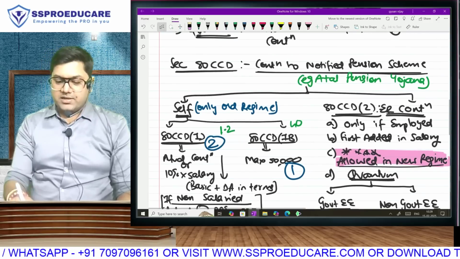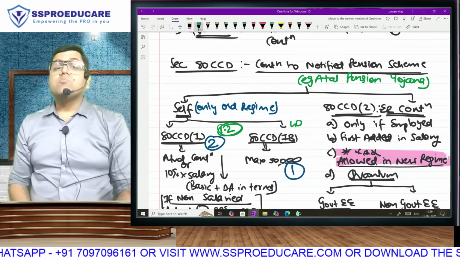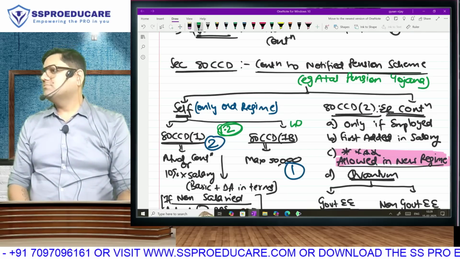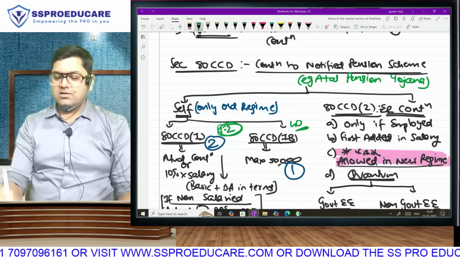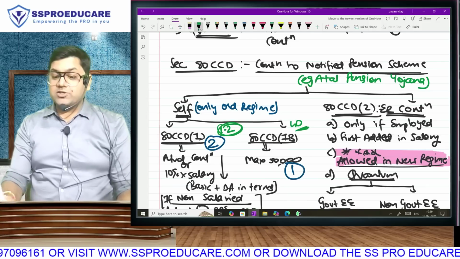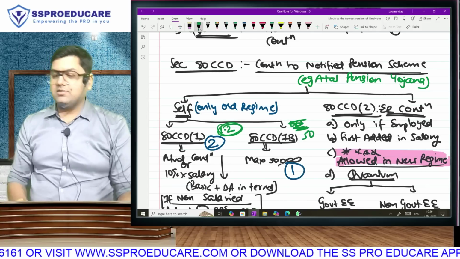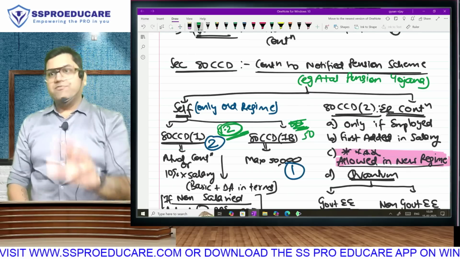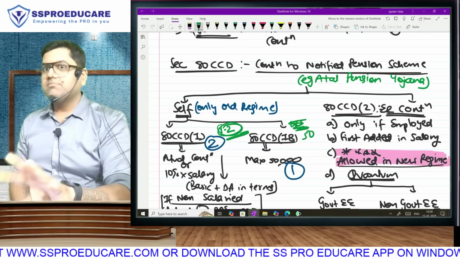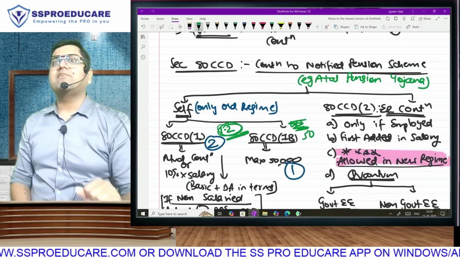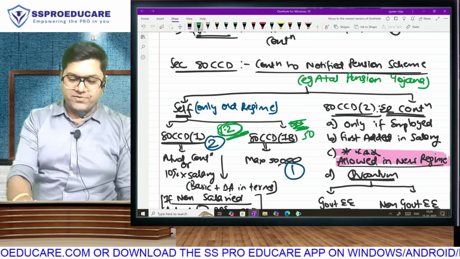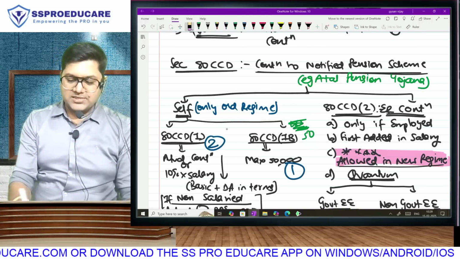Now this 120 is getting wasted because in 80C I have already completed my 150. And here I am getting only 40. I could have actually brought 50 here first and taken only 110 here, which is within the limit, but I am not getting any benefit because I have completed 150 in 80C. And therefore, we will always give preference to subsection 1B.